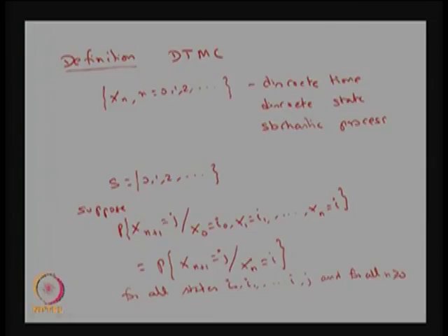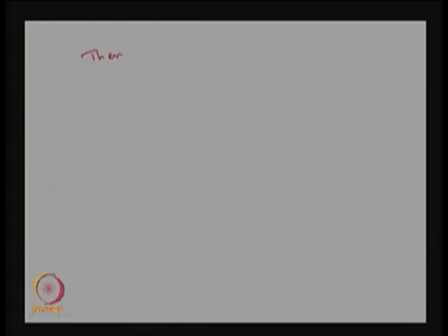Then we say this stochastic process xn, for n starting with 0, 1, 2 and so on, is the discrete time Markov chain. We can look at how the sample path looks for different values of n, with the y axis being xn. Suppose at n equal to 0 it started with some value.